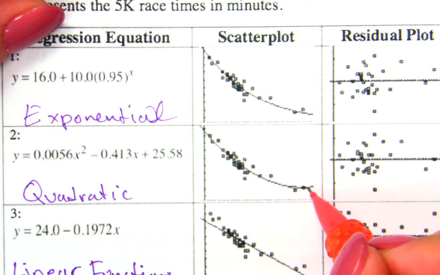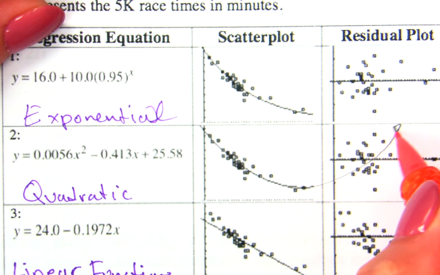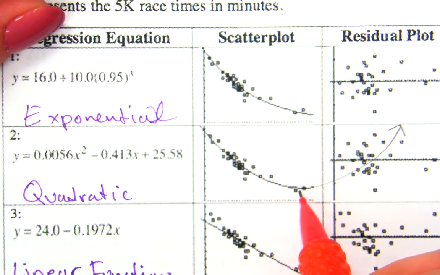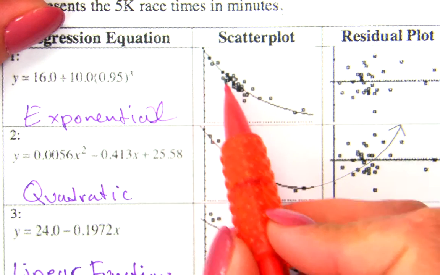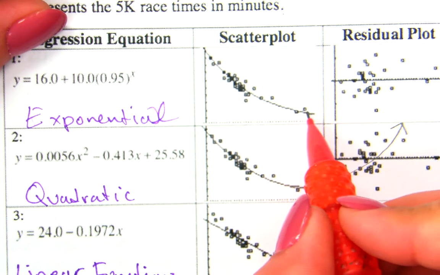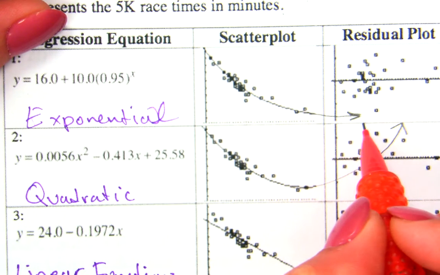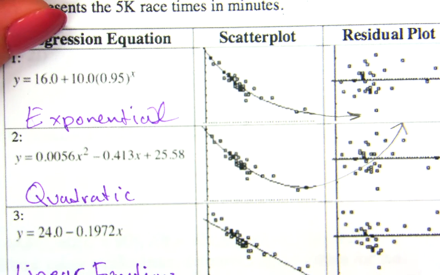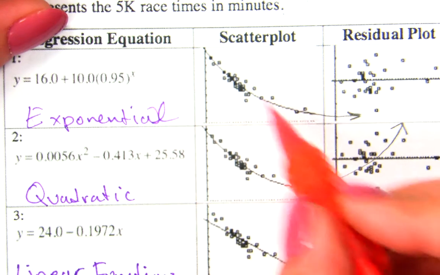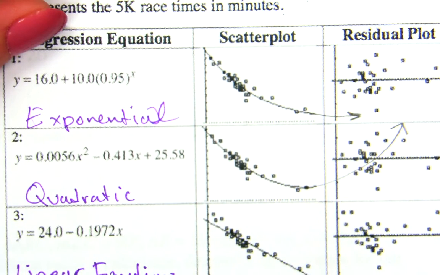Then a quadratic, which will go up in this direction again, is not really the best model because technically your scatter plot for the exponential means that as your players get better, their runtime is really just going to start to flatline a little bit. So the exponential function is actually a better model to use for the players.